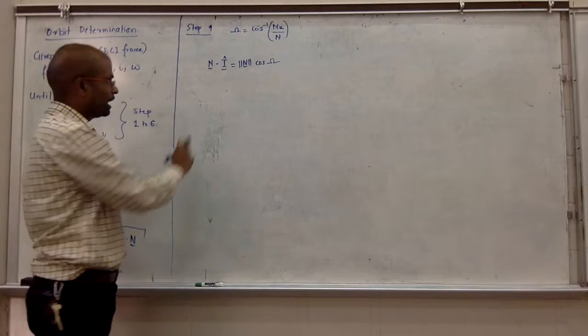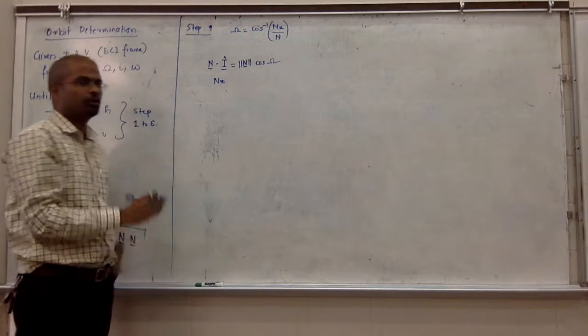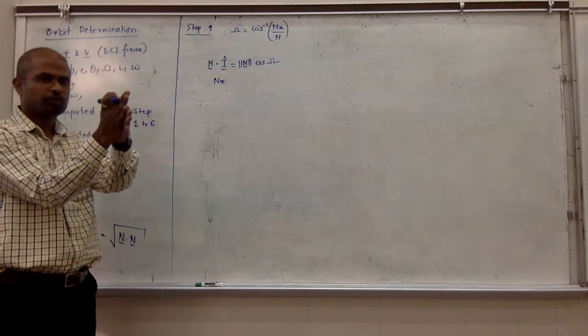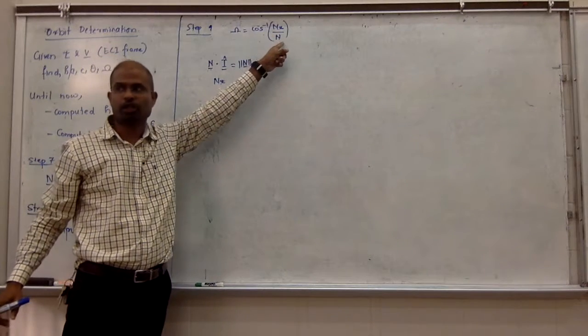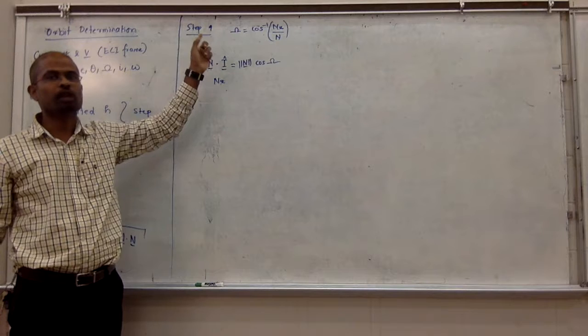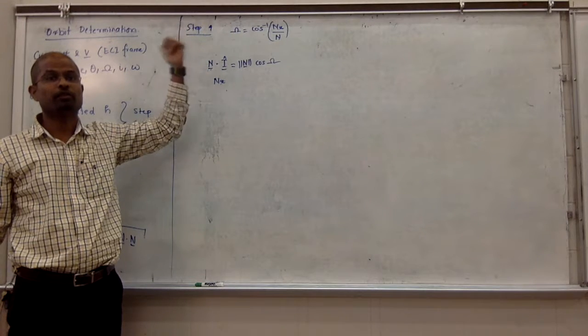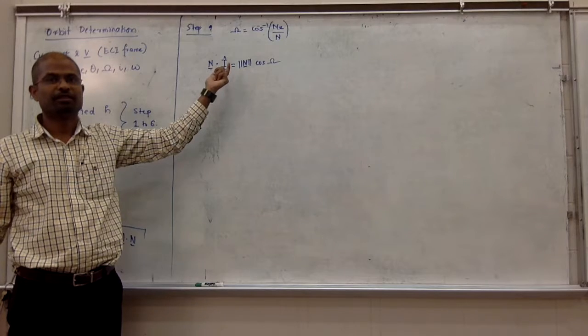N dotted with I is nothing but nx. The projection is always a scalar projection. Nx and n are both scalars, and this is where we use scalar projection, just like we did with I. What is capital I?